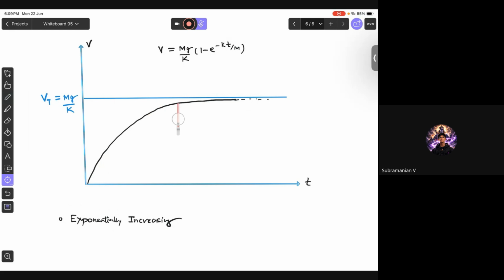Because when this graph gets to the value mg by k, there it will touch that line. But when? At infinity. So this line is tangent at infinity. In maths, that is given a name, asymptote. So if I ask you what is the equation of this line, on the y-axis we are plotting v. So v equals mg by k is the equation of the line, and this is the asymptote of this graph.